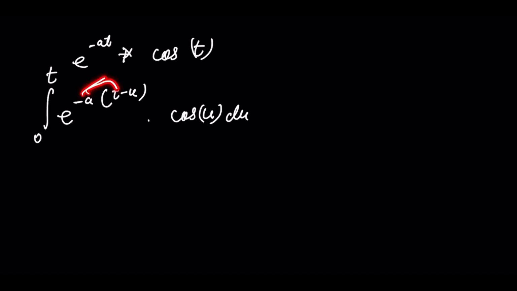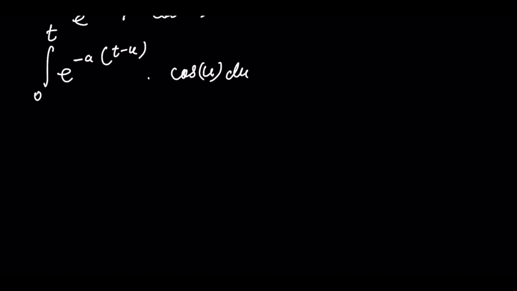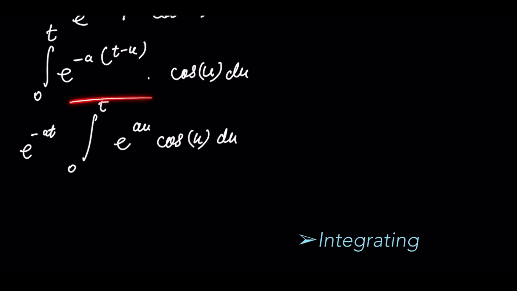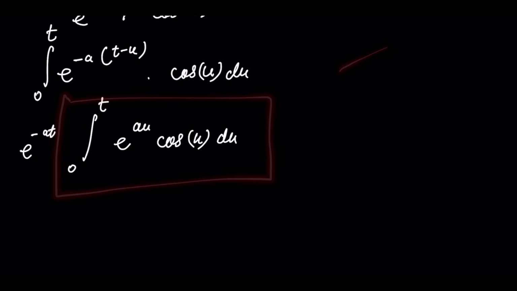Expanding the brackets here. Since we are integrating with respect to u, we will be taking e power minus at out of the integral. Now let's solve this using the tabular integration right here.